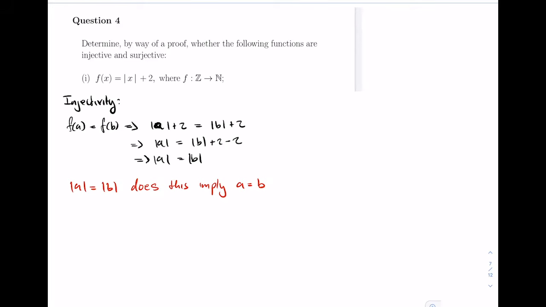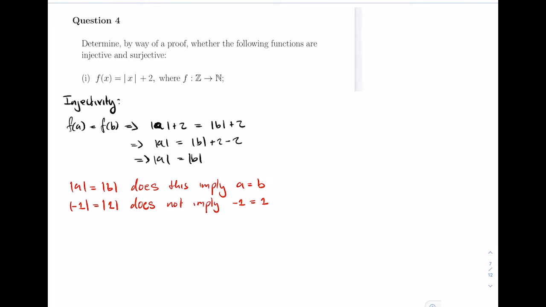Okay? So let's put in two numbers. The modulus of -1 equals the modulus of 1 does not imply that -1 is equal to 1. Okay? So I think we've just answered our question just by plugging in two numbers.